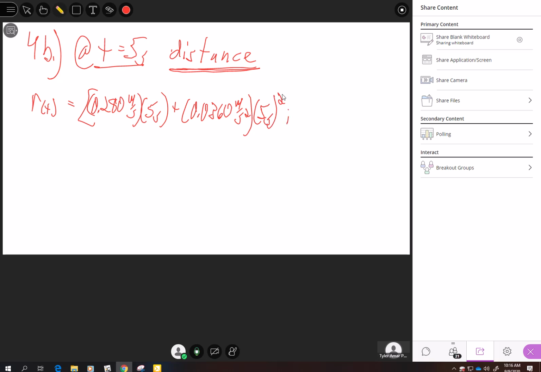And that's the i component, the x component, plus 0.0190 meters per second cubed. And then we do what? We say 5 seconds cubed, don't we? Okay?